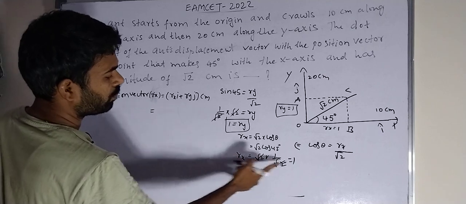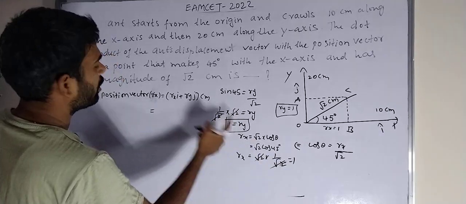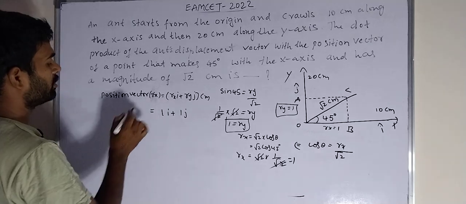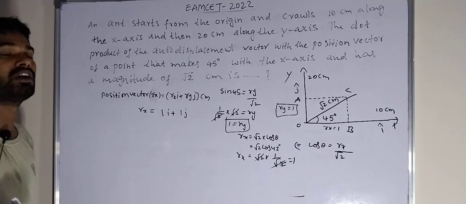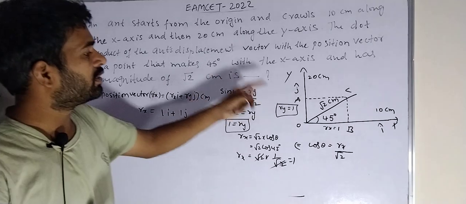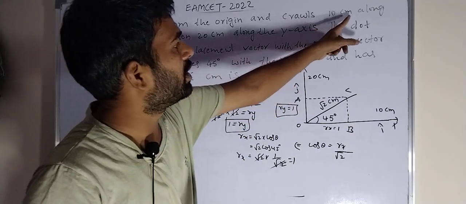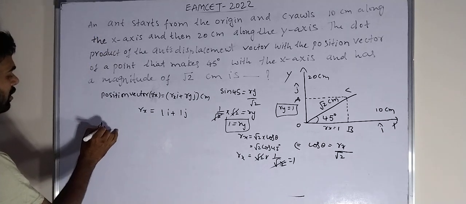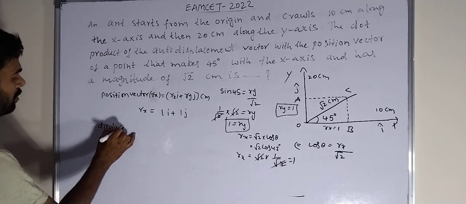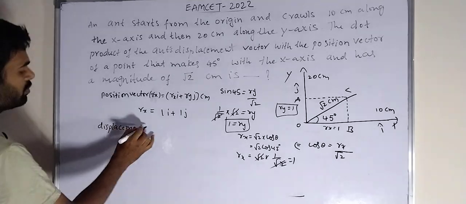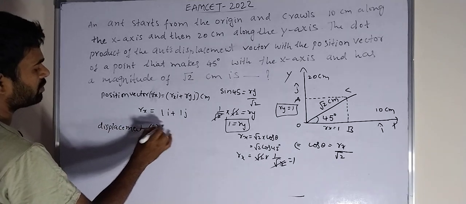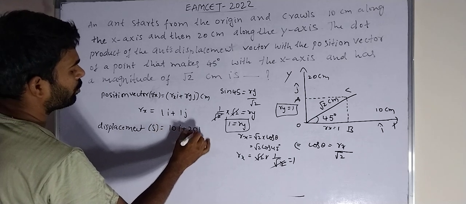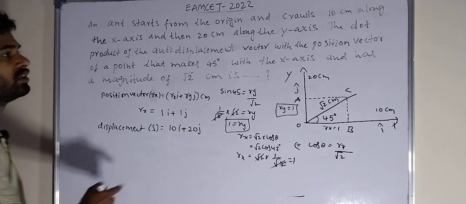Rx value 1, Ry value also 1, so 1i plus 1j. This is the position vector. Okay, given displacement vector: 10 along x-axis, 20 along y-axis. Displacement S is equal to 10i plus 20j.